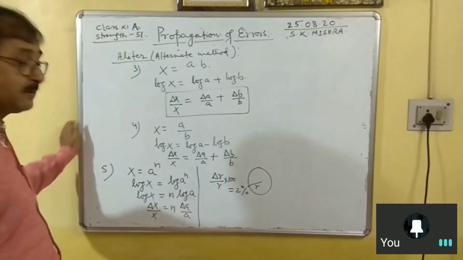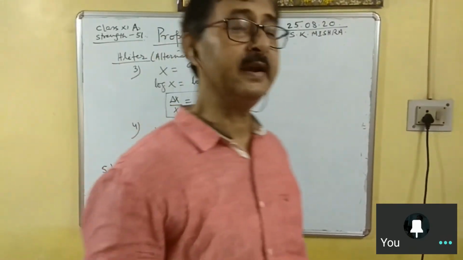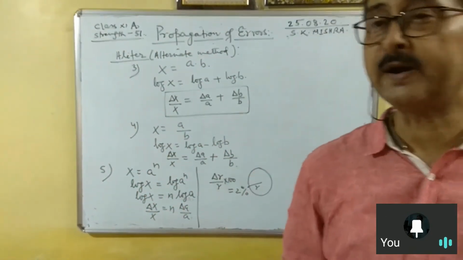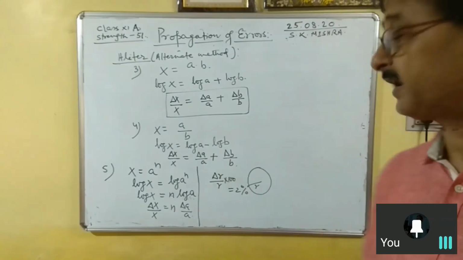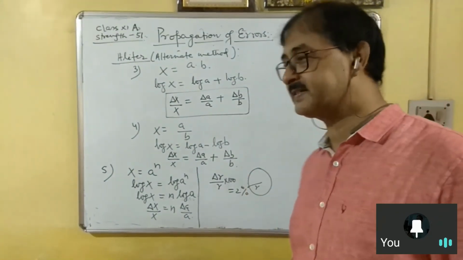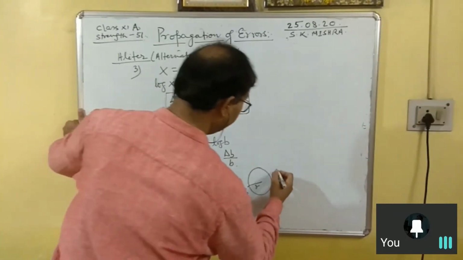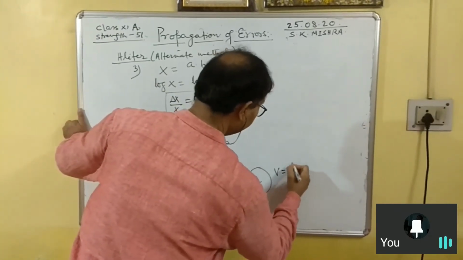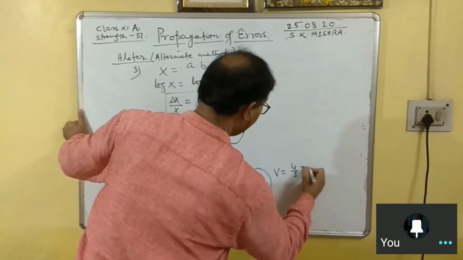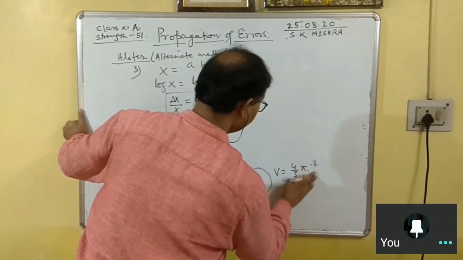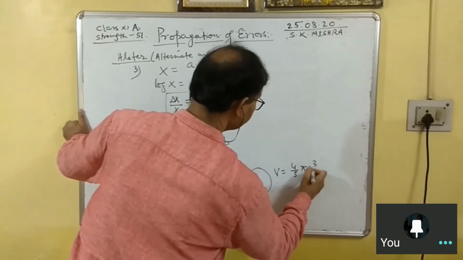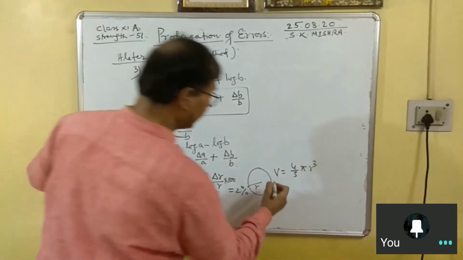Now what will be the percentage error in its volume? When you calculate the volume of the sphere, what will be the percentage error in its volume? So you know the formula, volume V is equal to 4 by 3 pi r cube. Now take log.